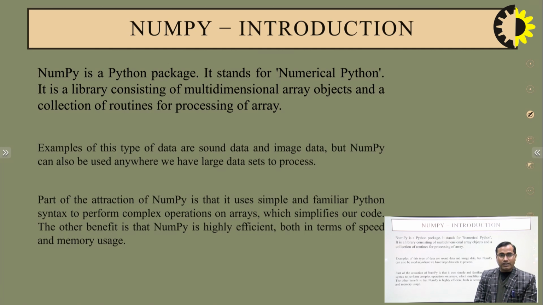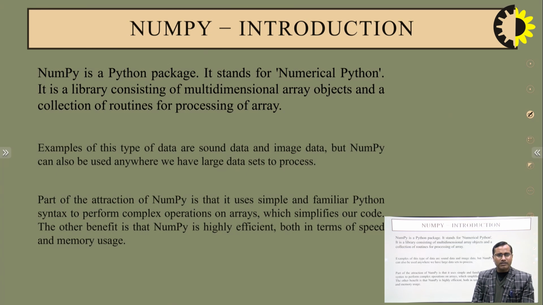Why is NumPy so popular for processing data sets? Because it uses simple and familiar Python syntax to perform complex operations on arrays, which simplifies the operations on large data sets.